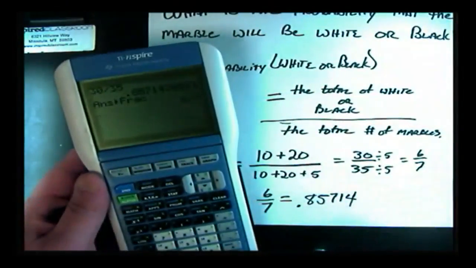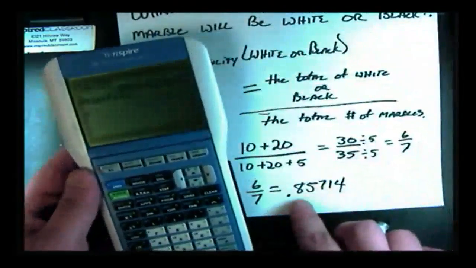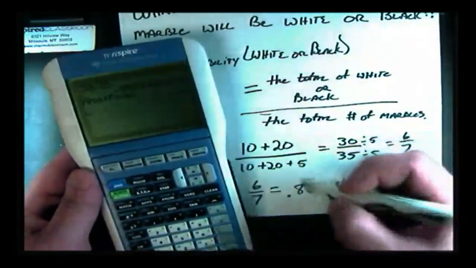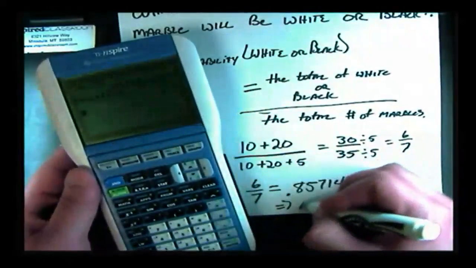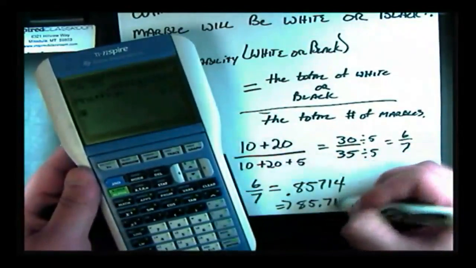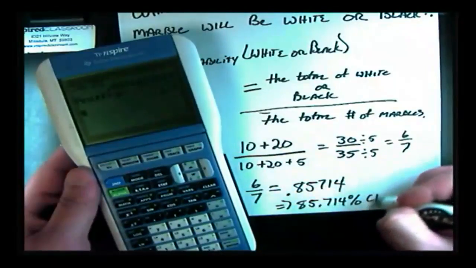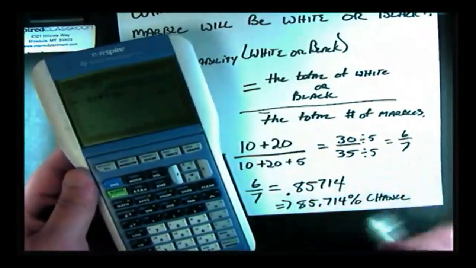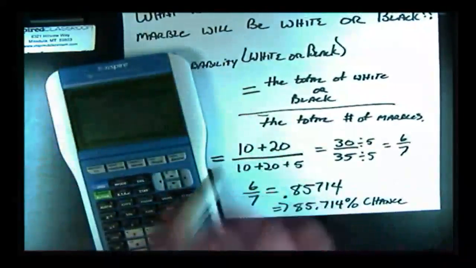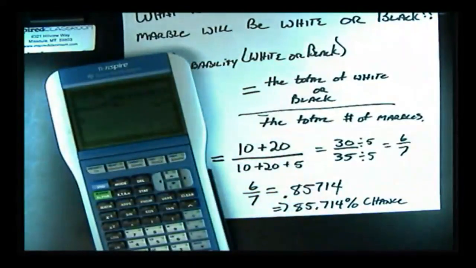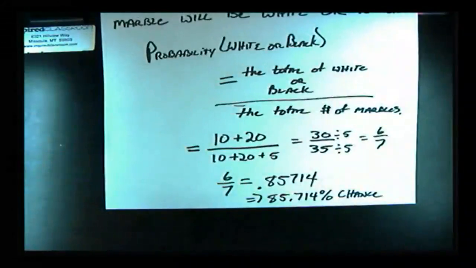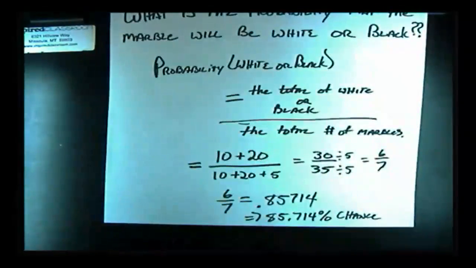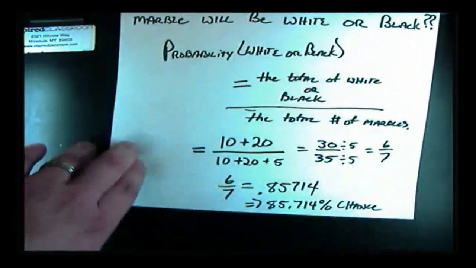In decimal form, that's 0.85714, which implies we have an 85.714% chance of drawing a black or white marble. So that's basic probability. Good review.